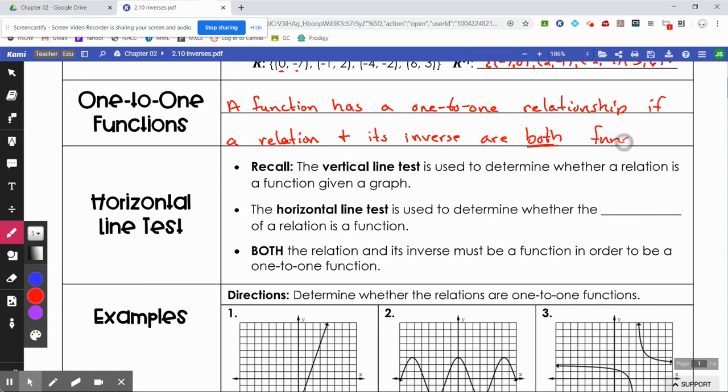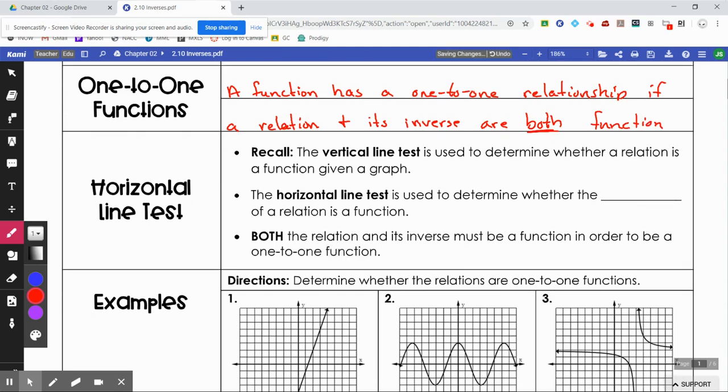So the original relation has to be a function, and its inverse also has to be a function.